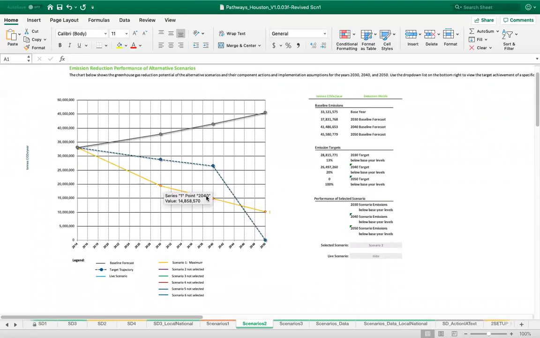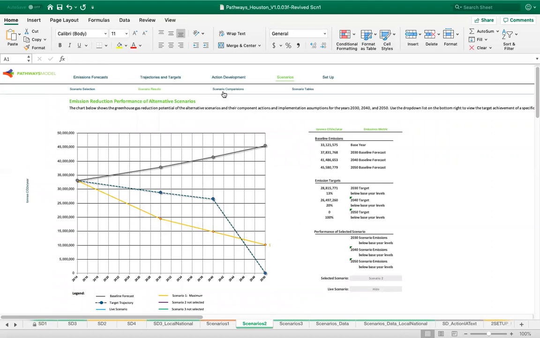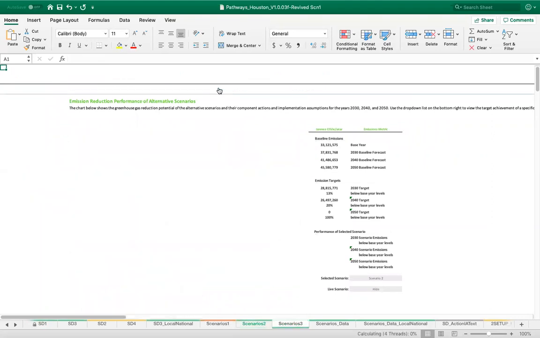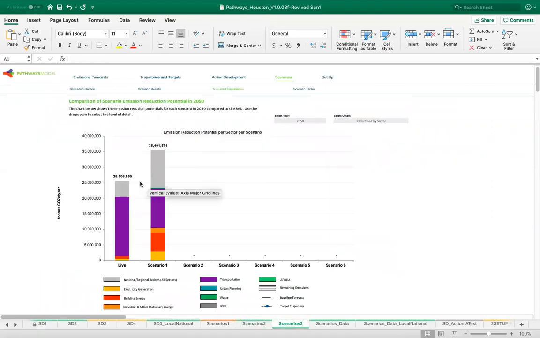That line in yellow is the emissions reductions that correspond to the wedge diagram that we were just looking at. And through the comparisons, you're able to see, okay, this is the live scenario as we have things set up.